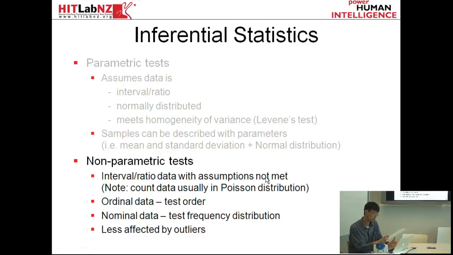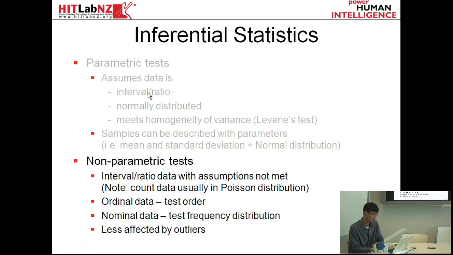So what we talked about so far was parametric tests. It was all assuming that the measurements you've collected are interval or ratio data and that they are also normally distributed. So basically the t-test and ANOVA, and depending on whether it's a between-subject or within-subject design, there were a couple of variants of the t-test and ANOVA that you have to run.